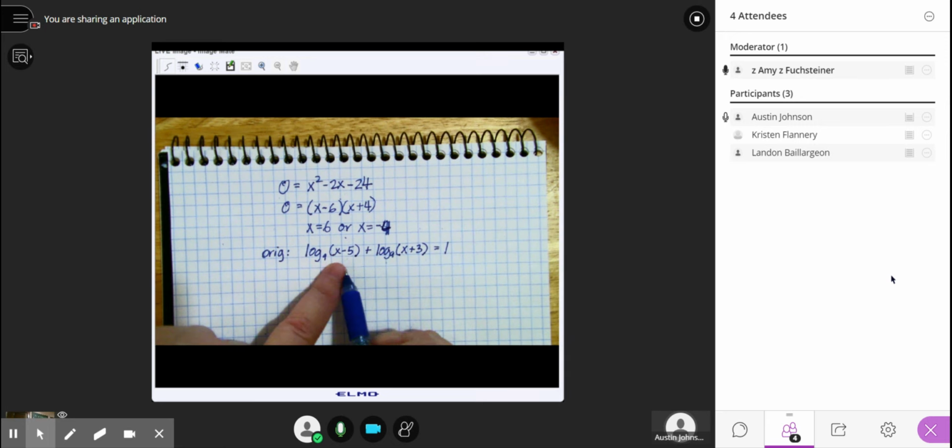If I put my 6 in there, that's a positive 1, and I can take the log of that. That's a positive 9, and I can take the log of that. But if I put in a negative 4, can I take the log of a negative 9?